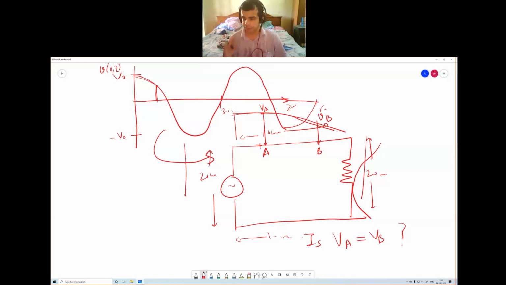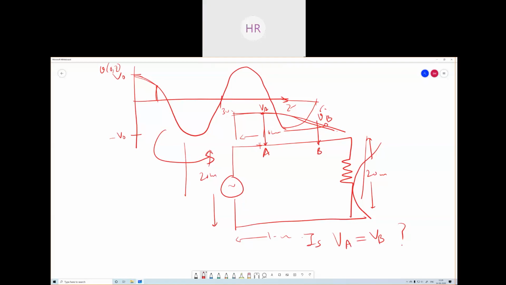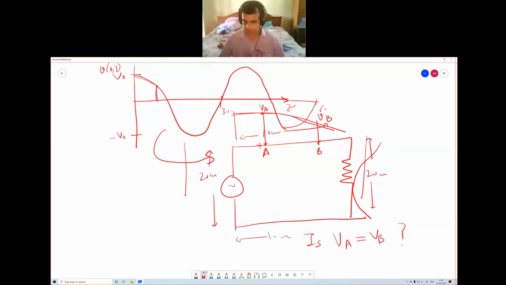Is this point clear? Understood? If the wavelength is very large compared to the circuit dimension, KVL and KCL can be applied without problem. But if the wavelength is comparable to the circuit dimension, KVL and KCL cannot be directly applied. This is the basic thing of the transmission line equation.